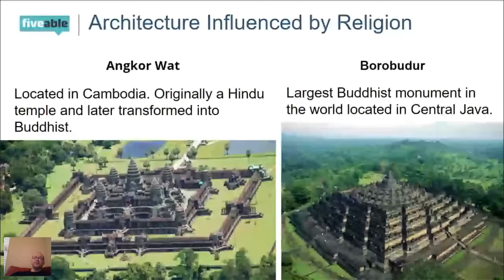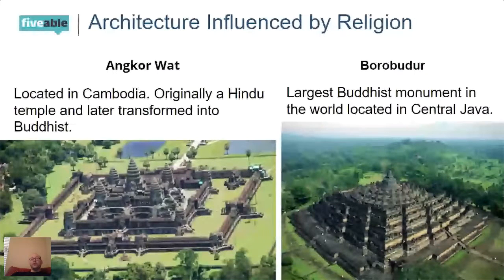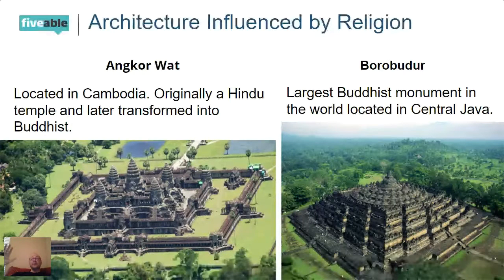And so expect to see a lot of questions concerning Buddhism. So one thing, there are two Buddhist monuments, if you will, in Southeast Asia. The first one is called Angkor Wat. And Angkor Wat is in Cambodia, and it was originally a Hindu temple. So I want you to really understand, there was a time in like period 2 where Hinduism is starting to spread throughout Southeast Asia.